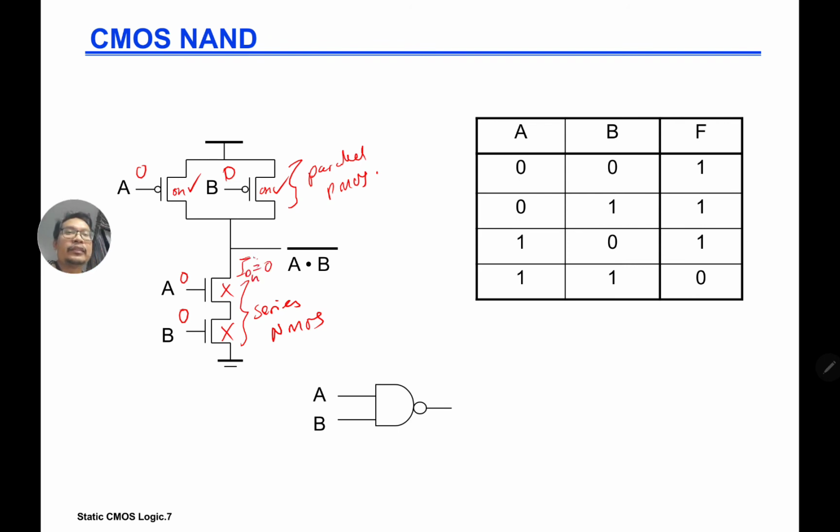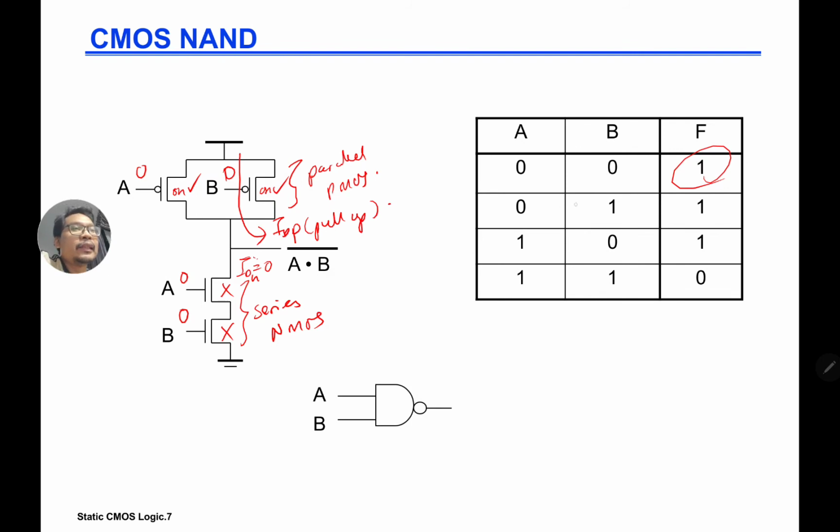IDN is equal to 0, so there is no current to discharge. But here the PMOS is on, so you're going to have current IDP. That's why you have a logic 1 there. When you put 0, it's going to basically pull up. Here is equally pull up.